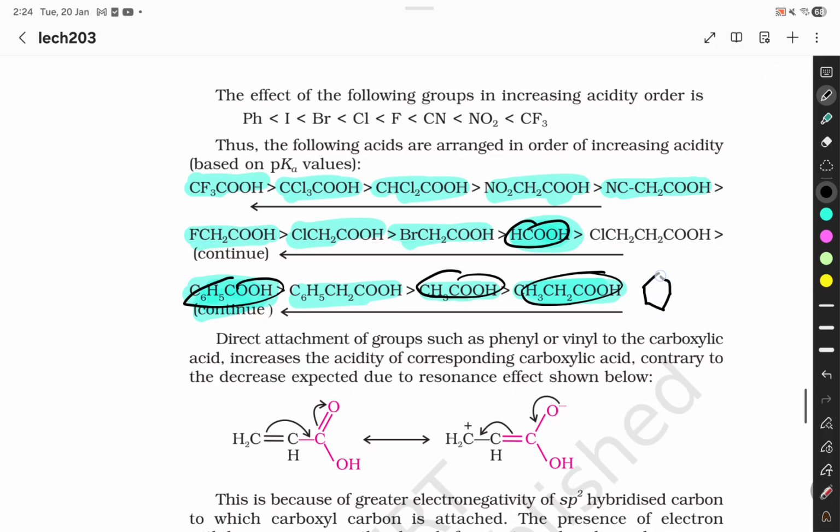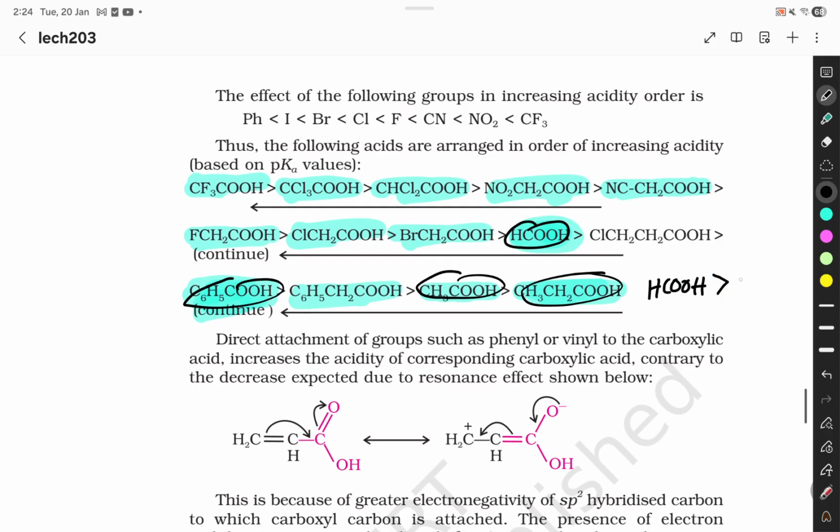So first we'll write HCOOH, it is all in NCERT. C6H5COOH, then we will write CH3COOH, then CH3CH2COOH. So formic, benzoic, acetic, propanoic.